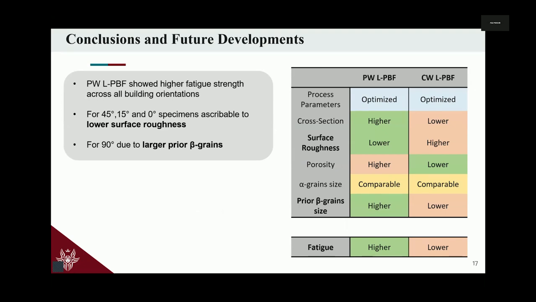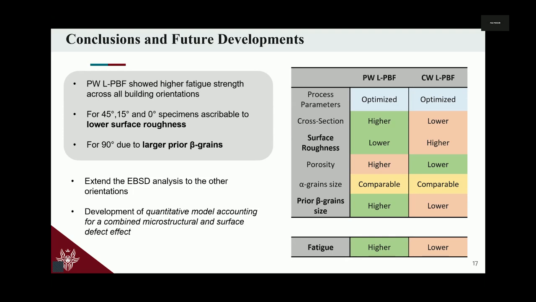Particularly, depending on the building orientation, for 45 and 15 degrees we usually have lower surface roughness for the pulsed wave with respect to the continuous wave, which explains the greater fatigue behavior. While for the 90 degrees, it is due to microstructural changes that we have while we are printing and cooling the specimens.